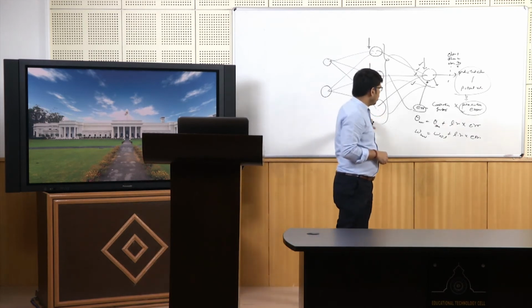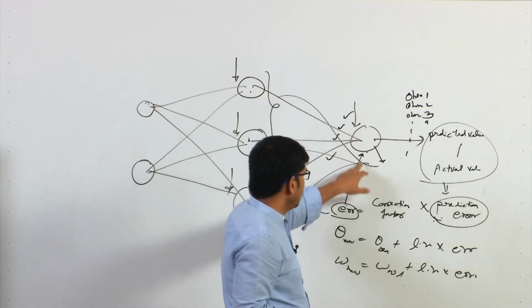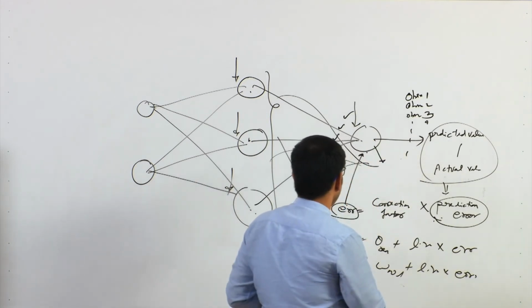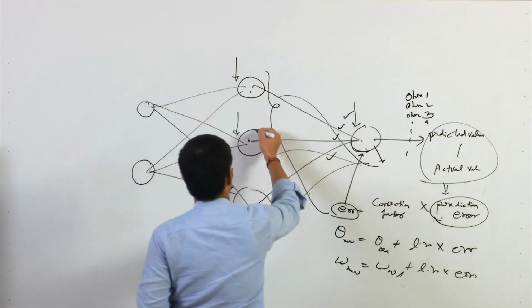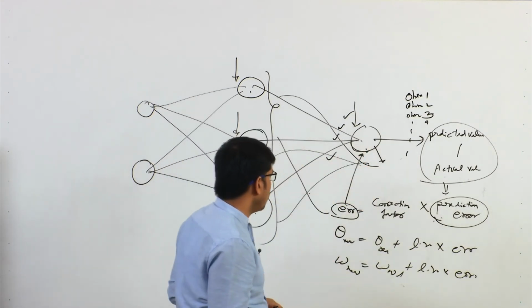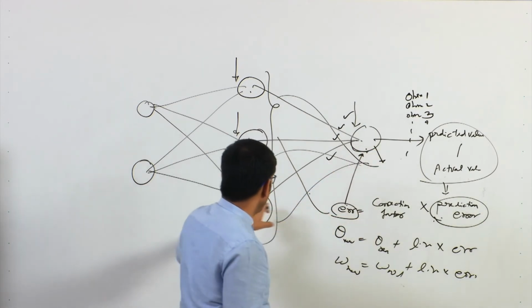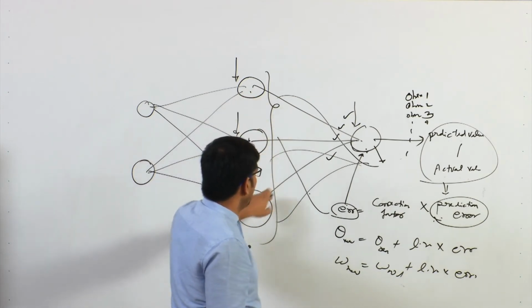Now the correction factor is specific to the node. It is based on the output value for a particular node, whether it's the output node or the hidden layer nodes, and therefore it is going to be different for all these nodes.